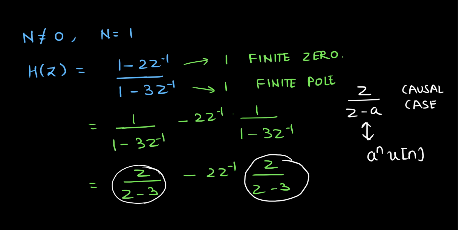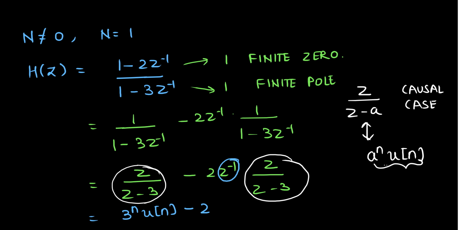So if we make use of this expression in order to find its inverse, the inverse of z upon z minus 3 is basically 3 to the power n into u of n minus 2, and now this z inverse is going to bring a delay of 1 unit.